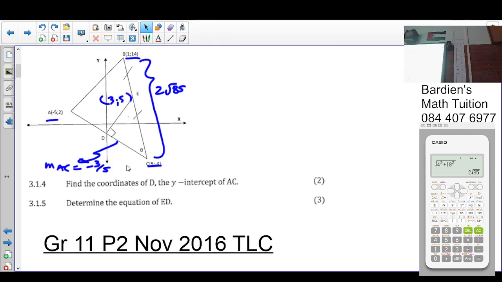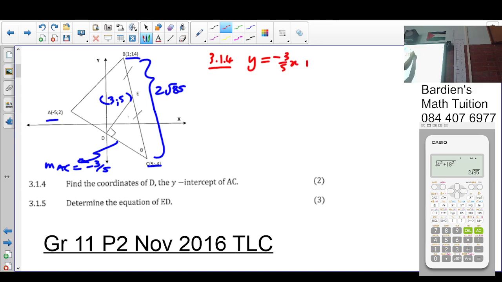The next question is find the coordinates of D, the y-intercept of AC. So how do I work out the y-intercept? We did x equal to 0 for the straight line, not so? In other words, I need to calculate the equation of AC. We know that the gradient of AC we just calculated is negative 3 over 5, so y equals negative 3 over 5x plus c.